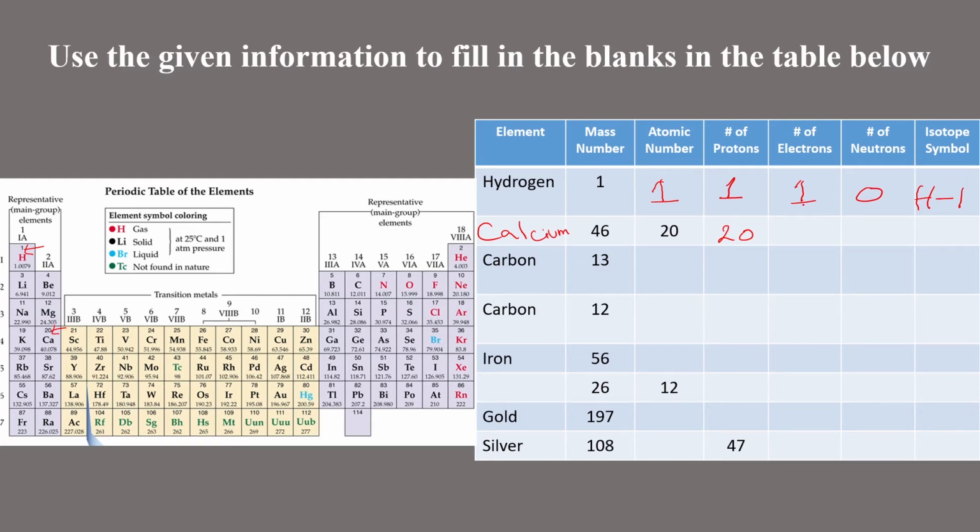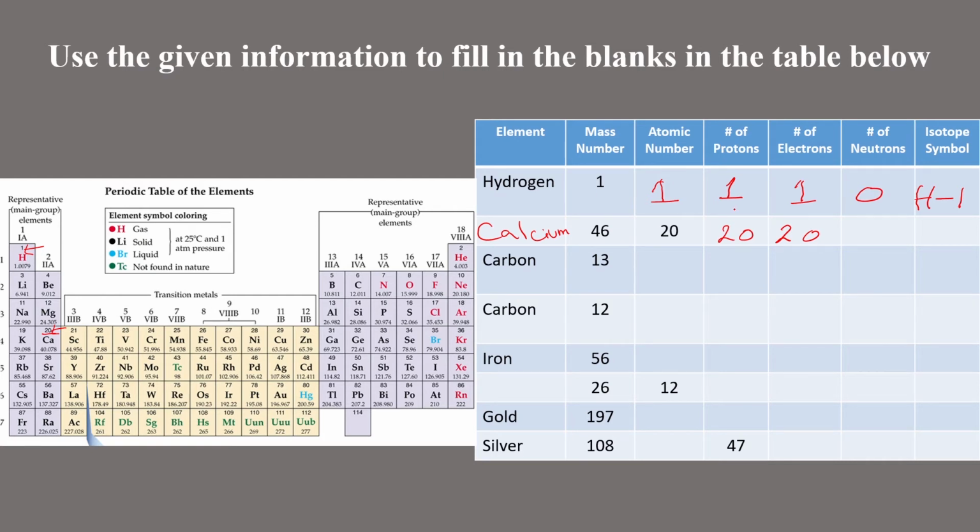How many electrons? For a neutral calcium, the number of protons or atomic number will be equal to the number of electrons. So we are going to write down 20 here. How many neutrons? The neutrons will be mass number minus number of protons.